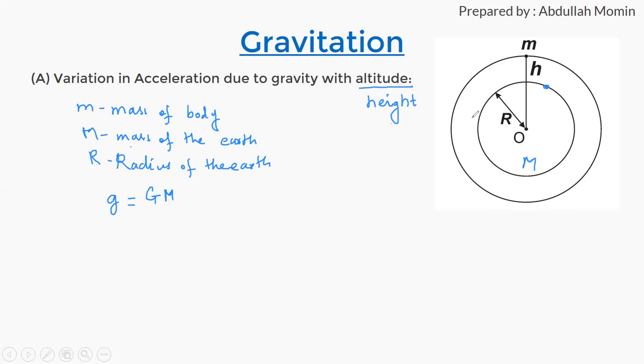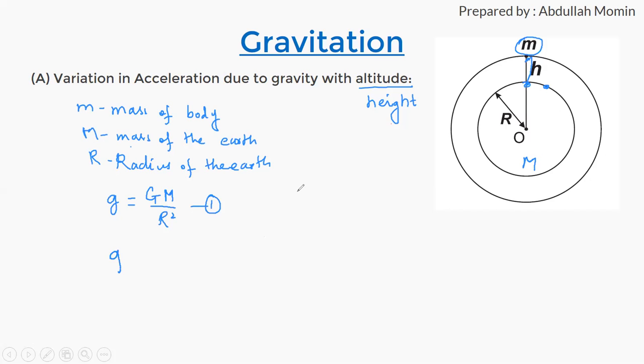Now suppose we have taken a body at height h from the earth's surface. Now the body is situated at height h from the earth's surface. So the acceleration due to gravity can be written as gh, and it can be written as GM upon R plus h whole square.